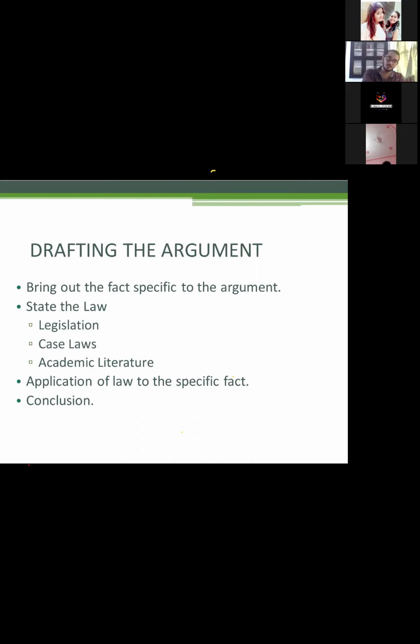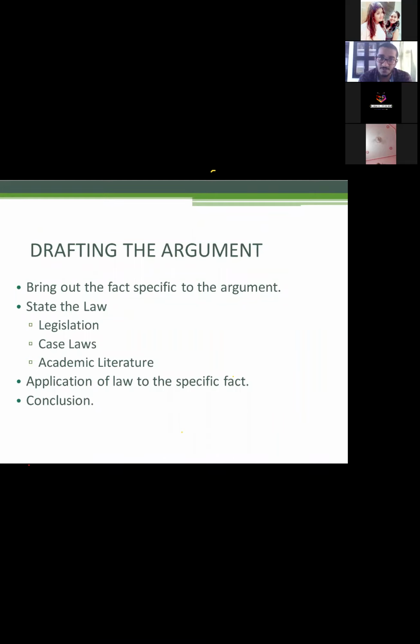To do this, you need to structure your argument. So now I'll move on to how you will structure an argument. How do you draft the argument? What I suggest, what I have learned, is that the first thing you have to do is, you have all the facts in your hand, but you're going to deal with a specific issue. So you bring out the facts that are specific to the issue, specific to the argument.